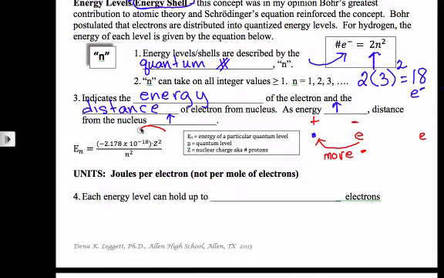Now, to calculate this, we can use this formula. It's pretty good for hydrogen. It gives us an approximation for multi-electron systems, and I'm going to show you some calculations with this in a later video. All right, and I already mentioned this: each energy level can hold up to 2n squared electrons.